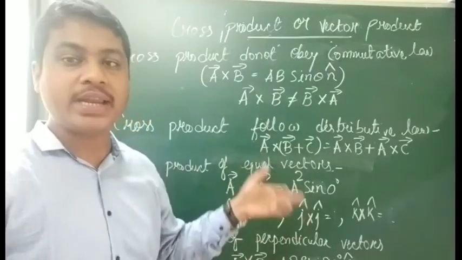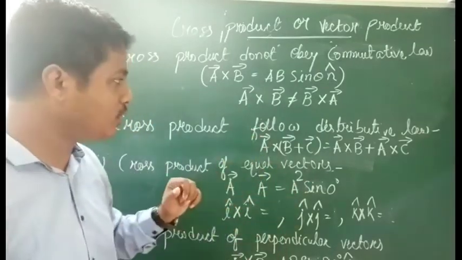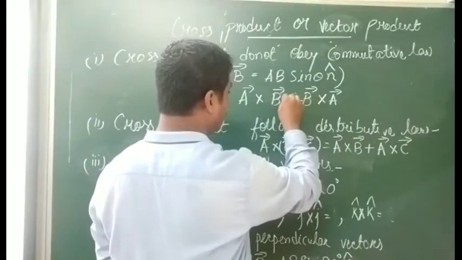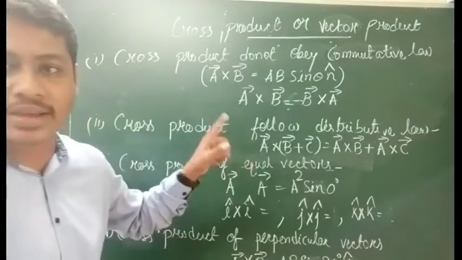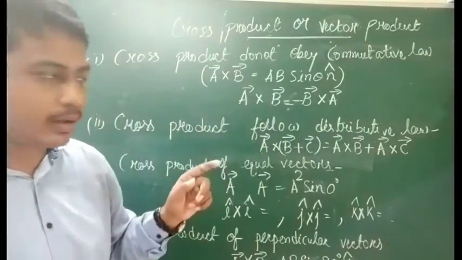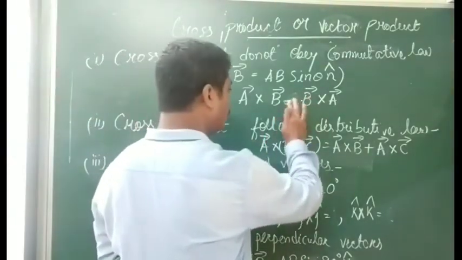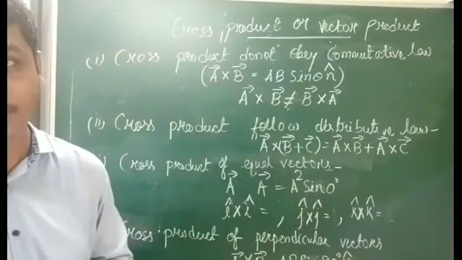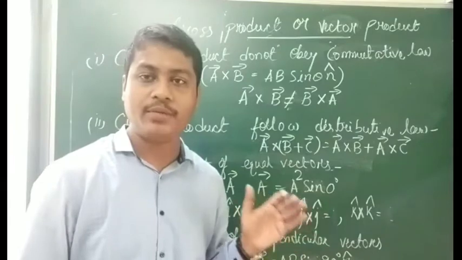If you want to write it in reverse form, then you have to put a minus in front of it. Then we can write that this is equal. But if you don't put a minus symbol, then this is not equal.